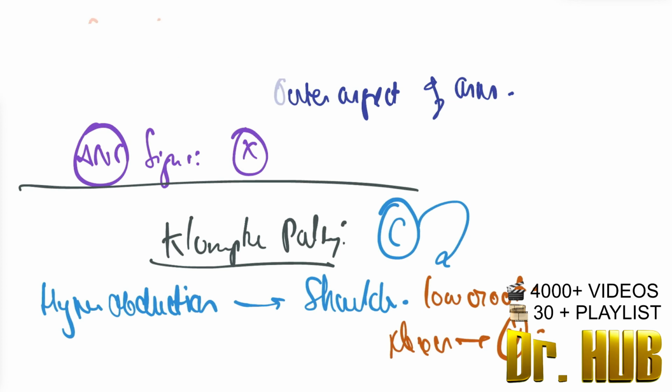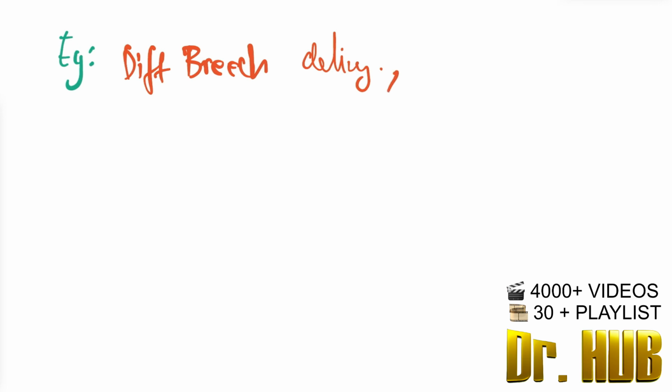So what are the examples of Klumpke's palsy? It includes a difficult breech delivery and holding on to something. What is meant by holding on to something?